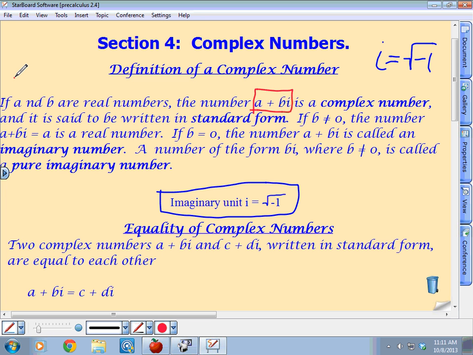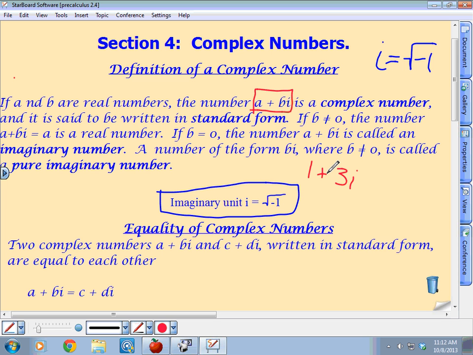If b equals 0, the number a plus bi is a real number. A number of the form bi where b doesn't equal 0 is called a pure imaginary number. So if you just have an i part, 3i, that's a pure imaginary number. And if you have 1 plus 3i, then you have a complex number in standard form.